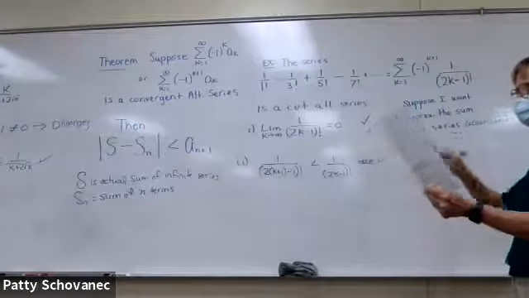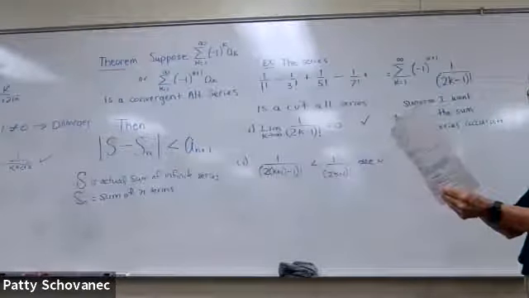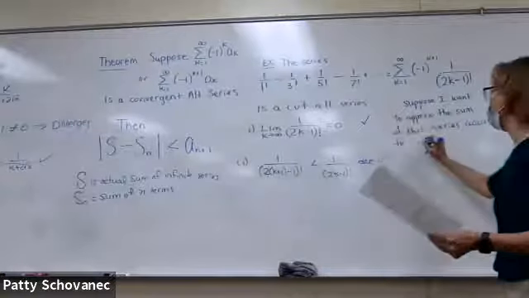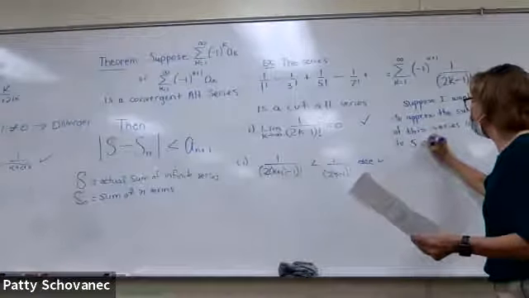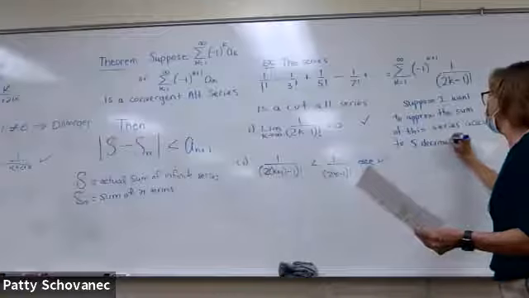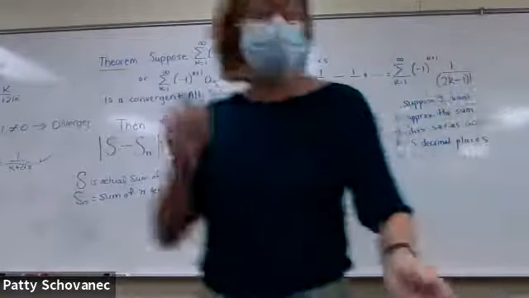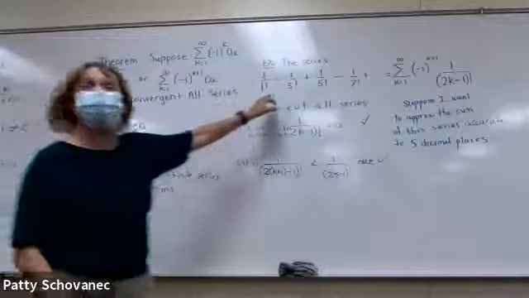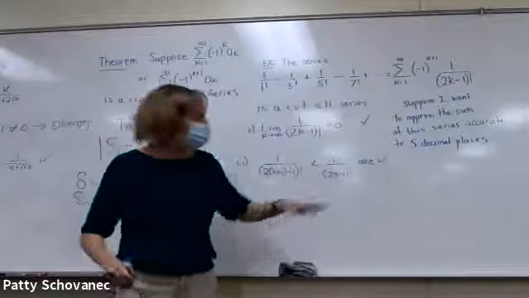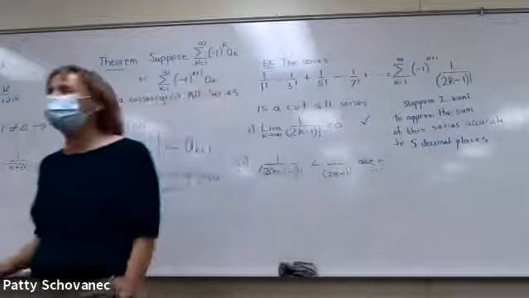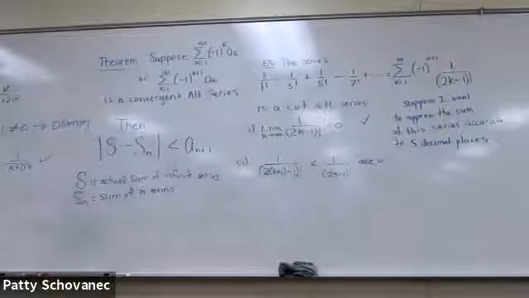So if I round up, let's say accurate to 5 decimal places. Then I get out my calculator and I start adding them, and I stop when the 5th decimal place isn't affected. So I'm going to figure out how many terms that is.